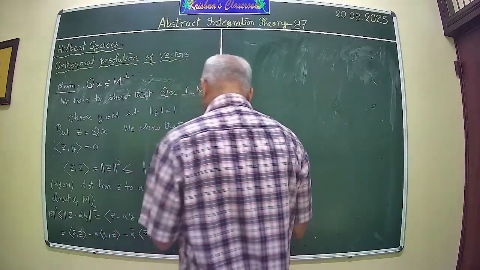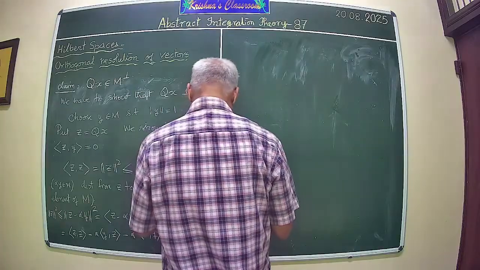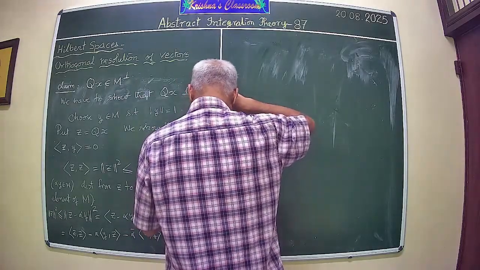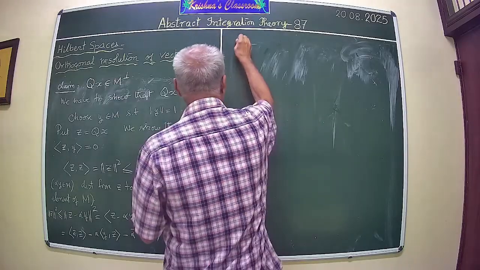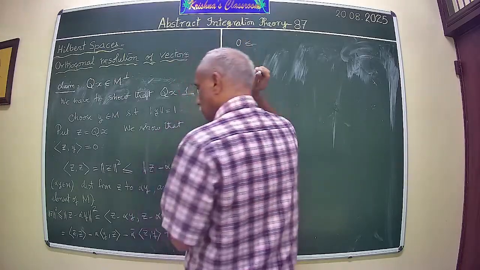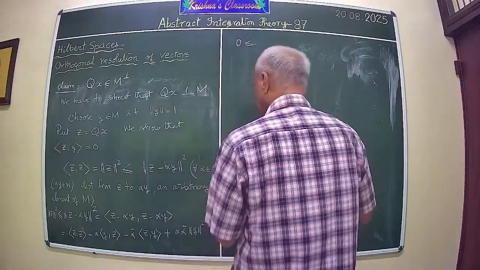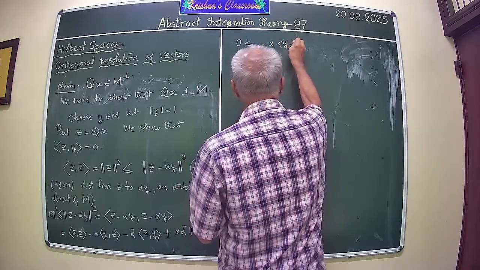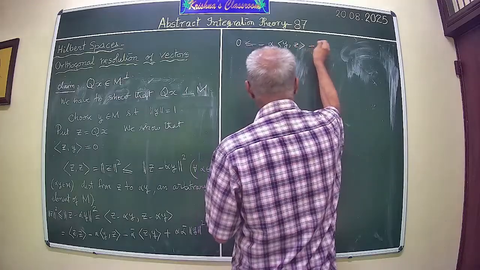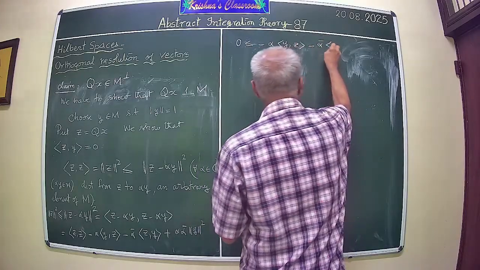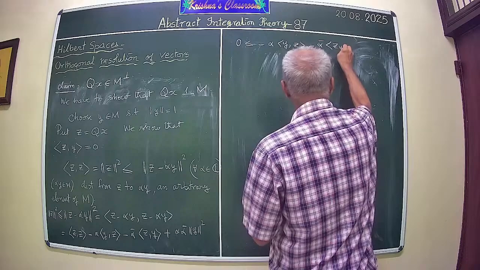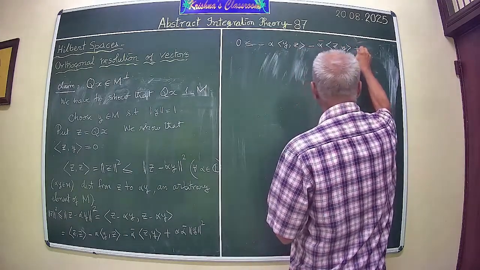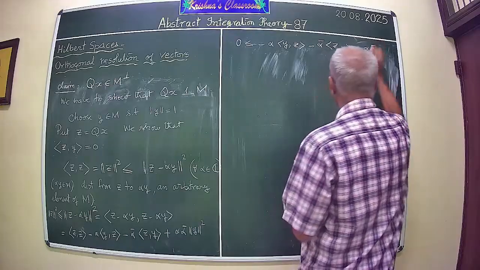Therefore, that implies 0 is less than or equal to, cancels minus alpha conjugate alpha.